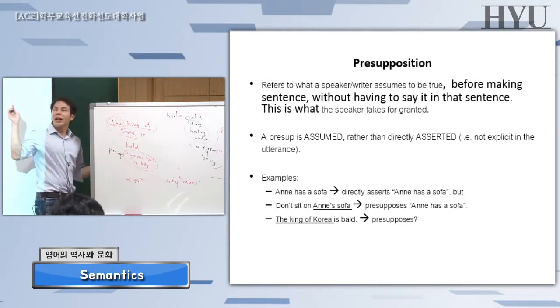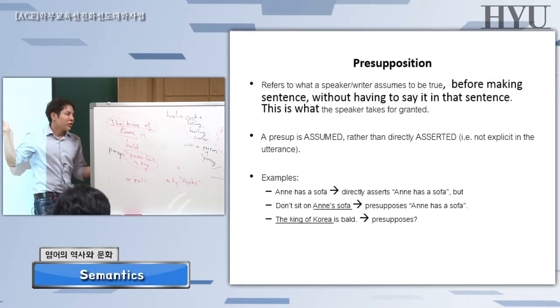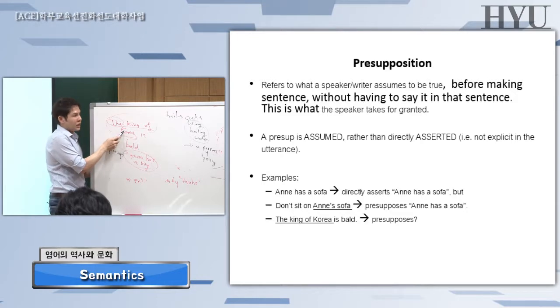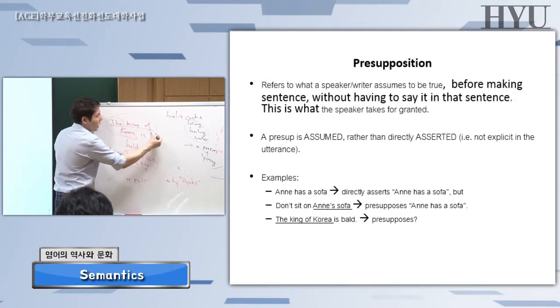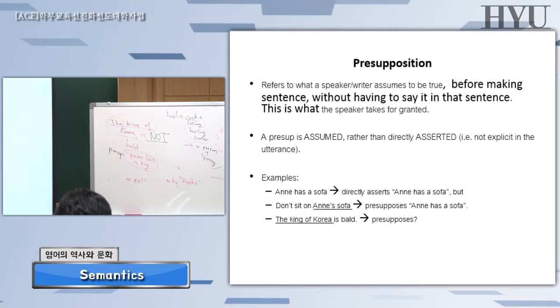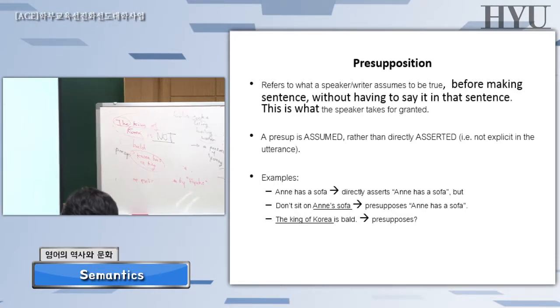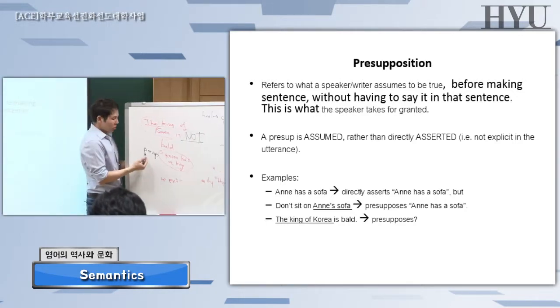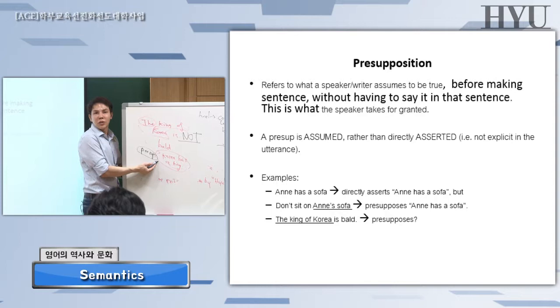Now, I said that to test a presup, you negate the original sentence. If you say the King of Korea is not bald, the King of Korea has a head full of hair, like that. If it's a true presupposition, it will stay the same. It will not be canceled.